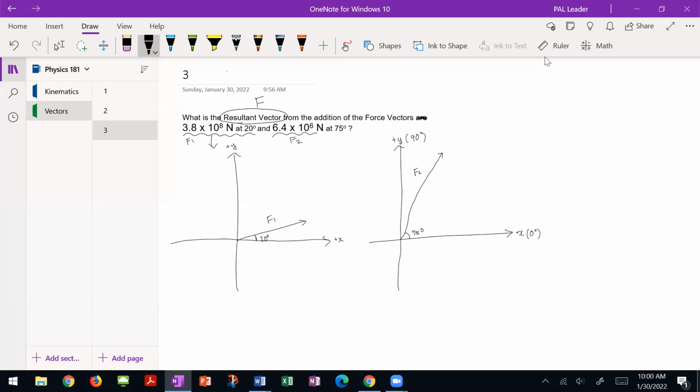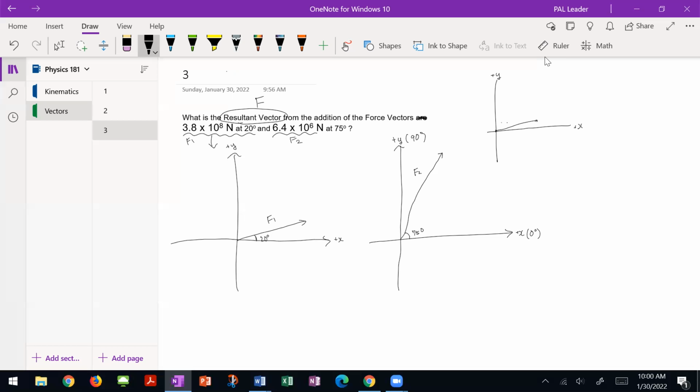Okay, and just to visualize the final answer, we have another clean coordinate, and we start at the origin and we go this way, right? And then from here, like I said, vectors are always start to finish, start to finish. So we start here, and then we go here, and then we have another force. So we're going to start right here again.